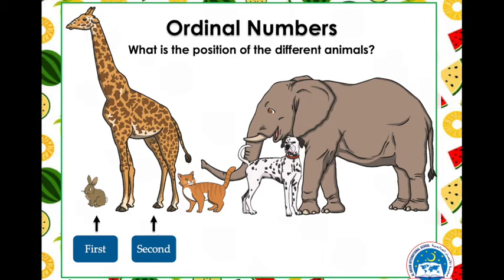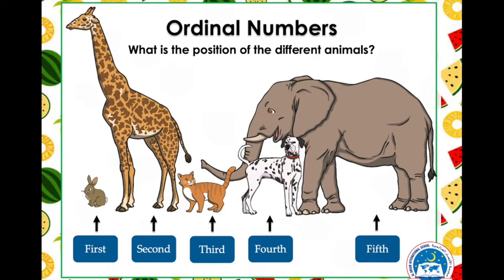If you've guessed that the cat is third, amazing, well done. What position is the dog? If you've guessed that the dog is fourth, super job, well done. How about the elephant? If you've guessed that the elephant is fifth, you are a star. Keep it up.